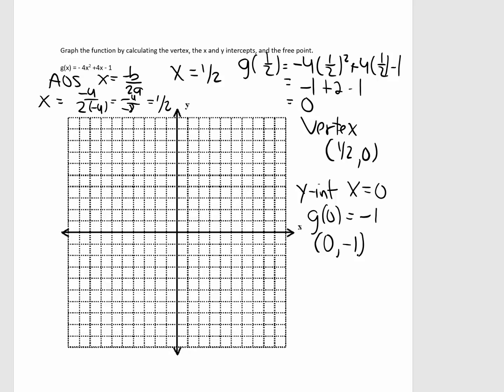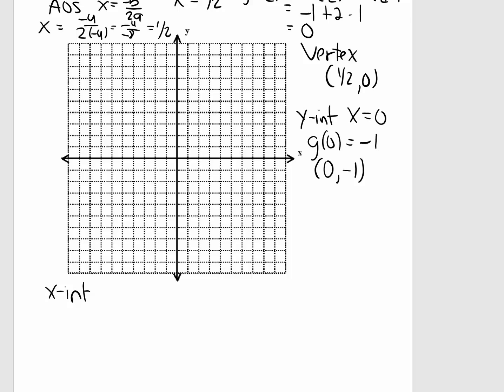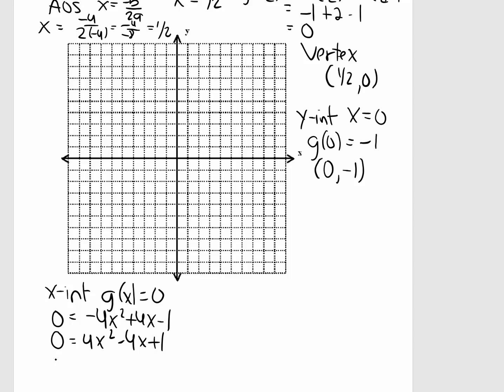So now I want to calculate the x-intercept. Remember, that is when g of x is equal to 0. We're going to divide out a negative 1 from every single term. This is factorable.